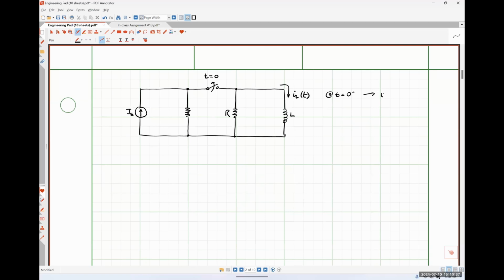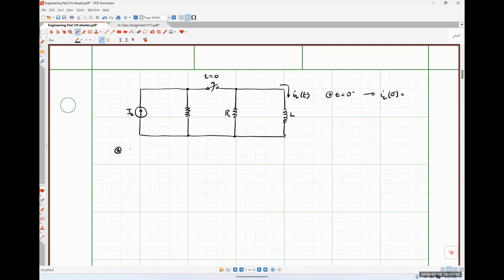Anybody have any thoughts on what our inductor current at 0 minus would be? 0. So I disagree. What does an inductor look like to a DC circuit? Be infinite. It's a short circuit. So it's a short circuit.